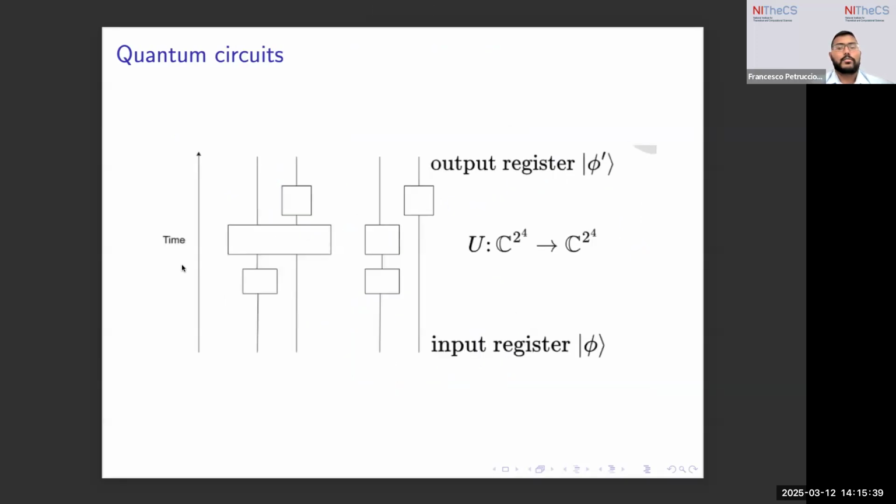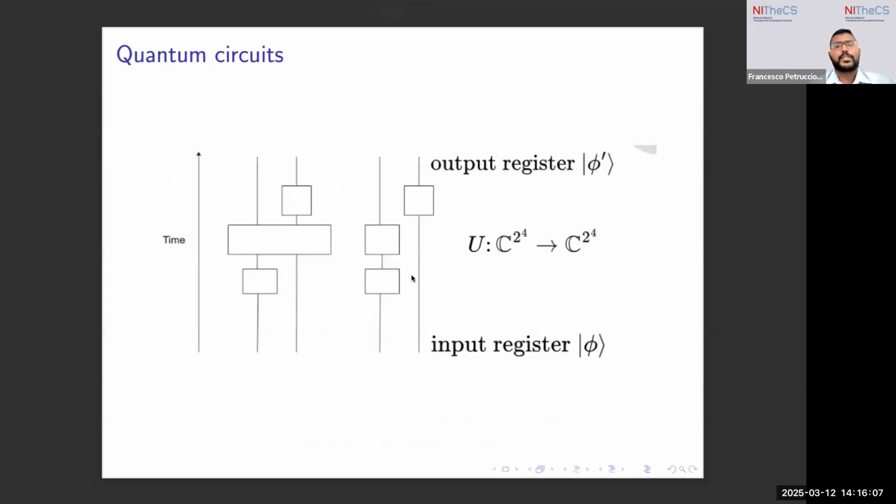We also have this way of representing quantum circuits. So the lines represent our qubits, and we have the input register and output register. So in this case, there are 4 qubits going in and 4 qubits going out. And we always read these diagrams from bottom to top by convention.